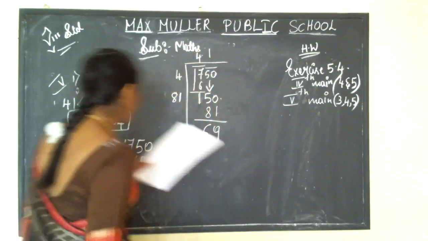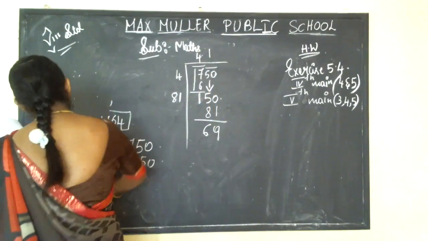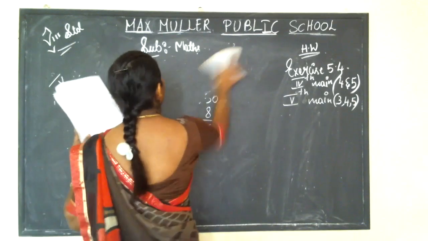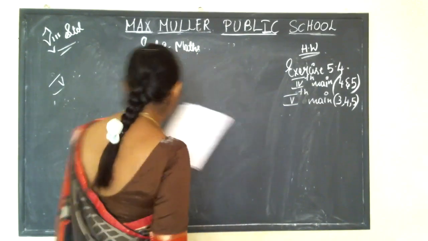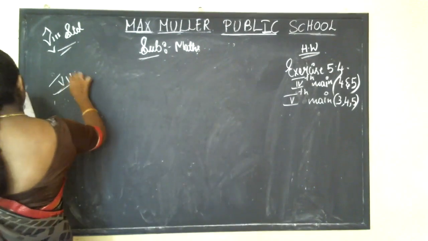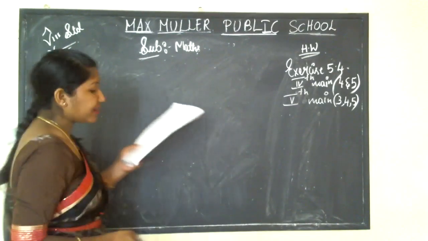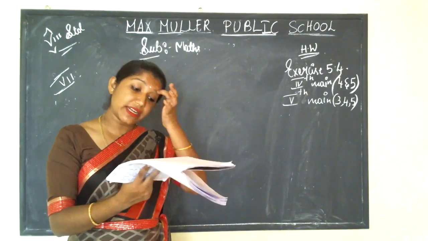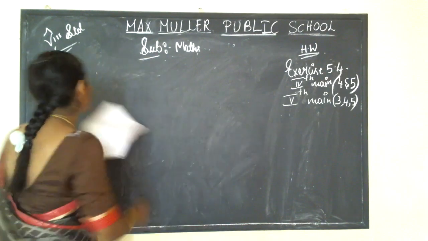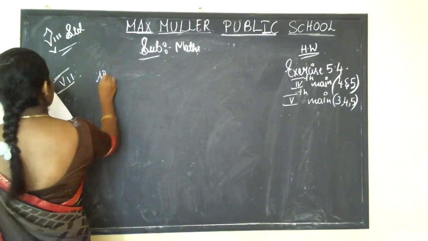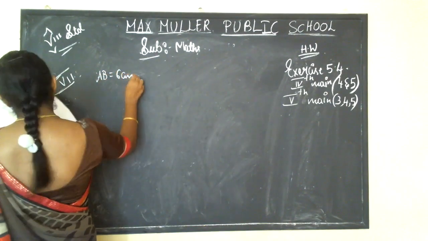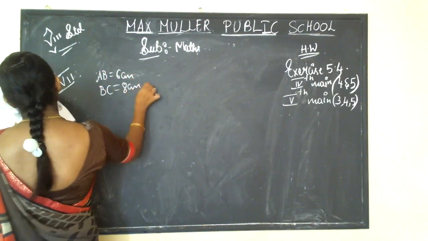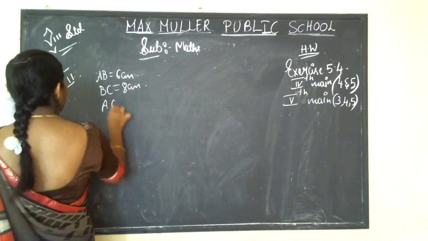Okay, now coming to the 7th problem. In a right angle triangle ABC, B is equal to 90 degrees. AB is equal to 6 centimeter, BC is equal to 8 centimeter, and you have to find out AC.